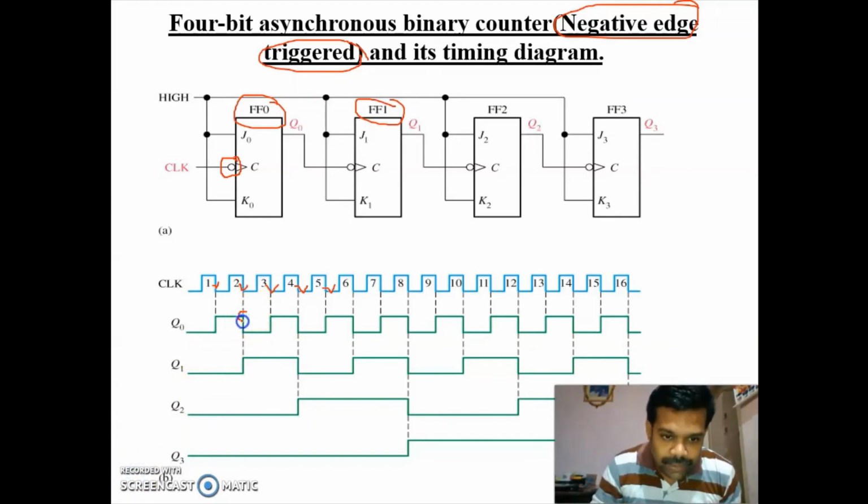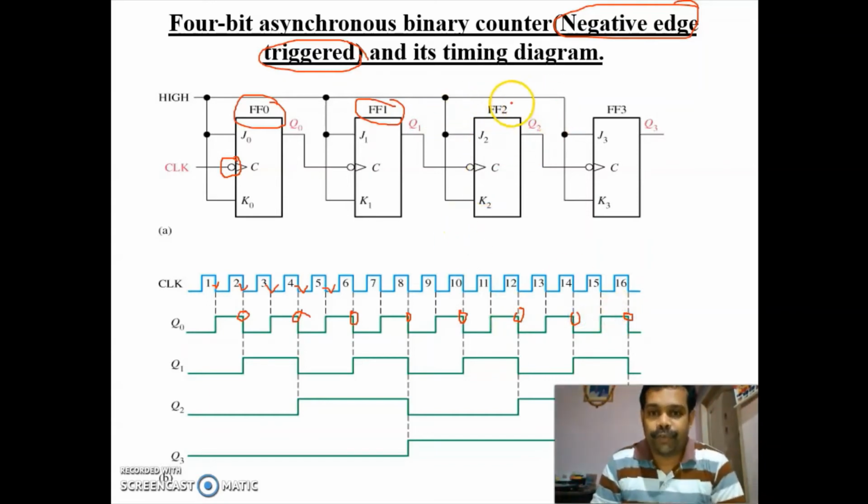So here it is having a value of 1, here it is having a value of 1. So at these places your flip flop Q1 will change the state. Similarly FF2, the flip flop 3 will change the state only when Q1 is having the value of 1.